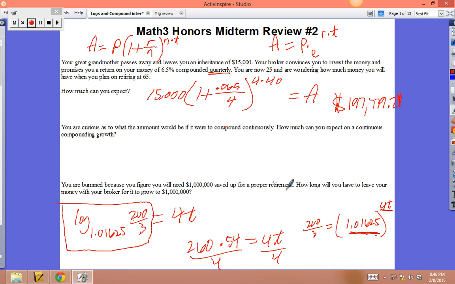So it is going to take 65.13 years for that money to grow into $1 million. So if you think about it, it took 40 years for it to grow to 200 grand, but it's really the next 20 years where it's going to take off and start to grow even more, from 200 grand to $1 million.